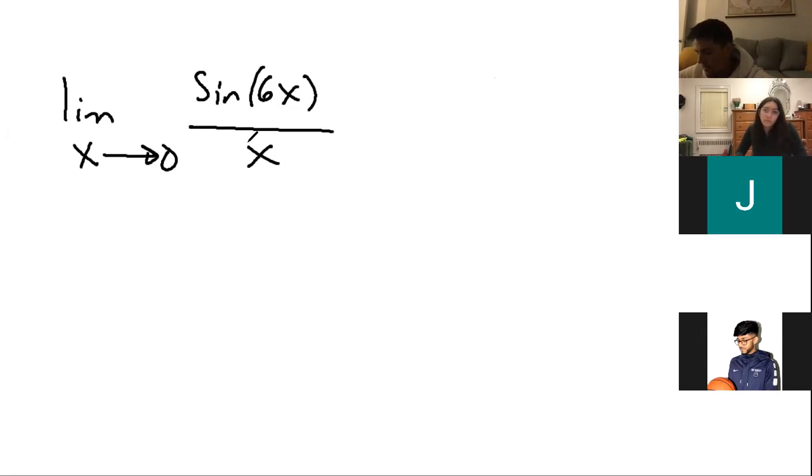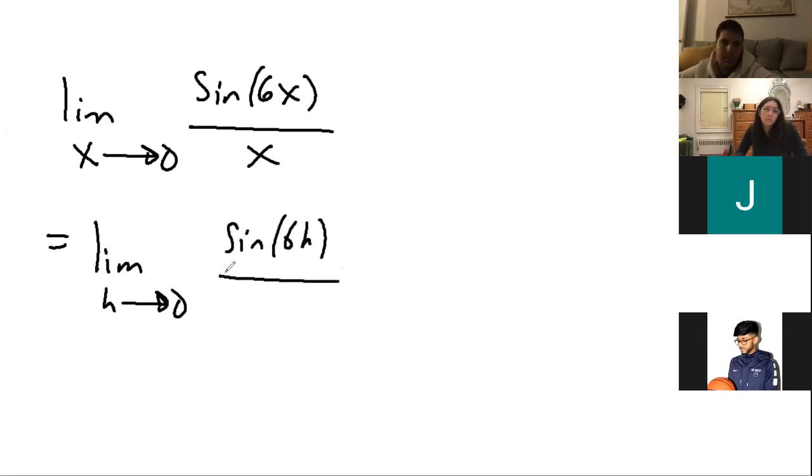So here is how I solve it, guys. Instead of h, we have x going to 0. If for some reason it bothers you that there is an x, you can always change the letter to h. You can say that's the same thing as limit as h goes to 0 of sine of 6h divided by h. Agreed? So then I can put in a 6.